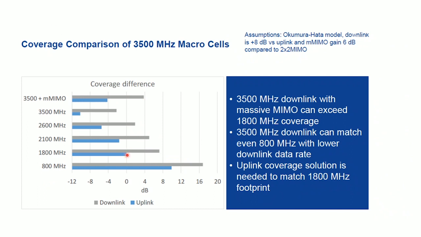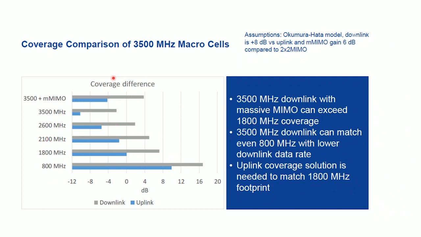So the 1800 uplink really would benefit a lot from the typical 3 dB improvement that you get from a TMA. Then you get more or less a link budget balance between 1800 and 3.5.